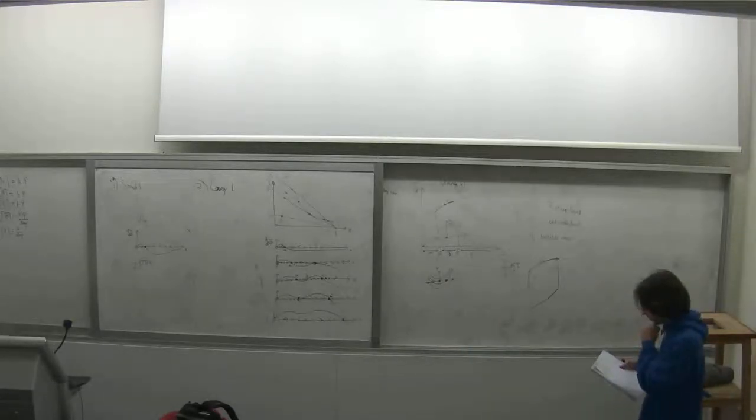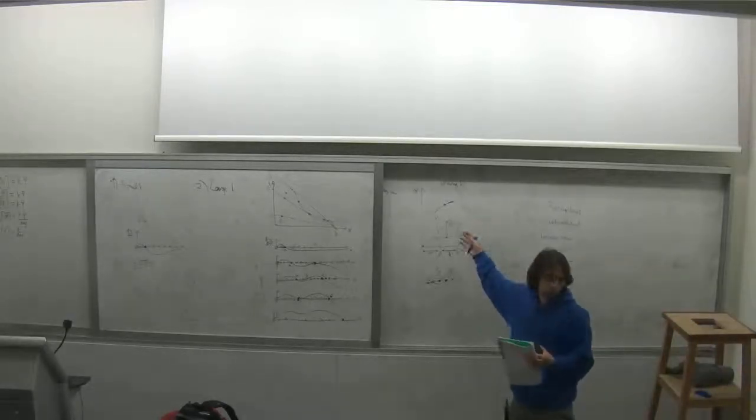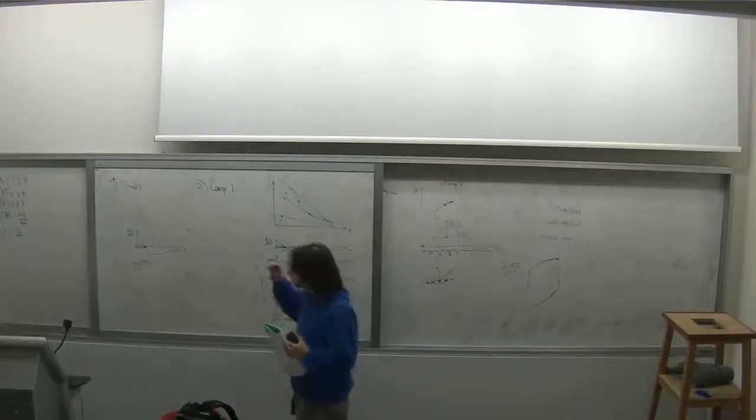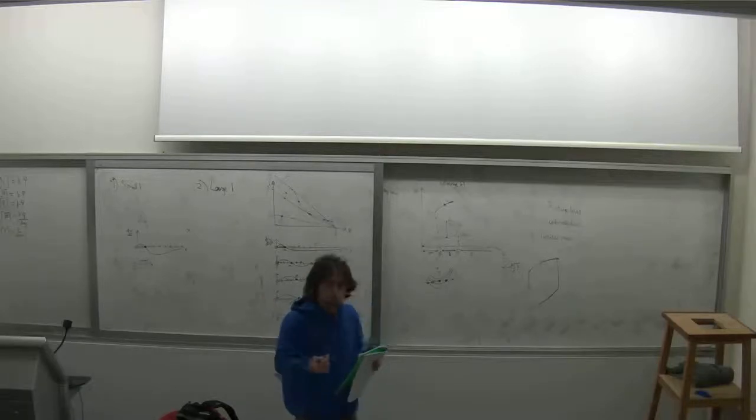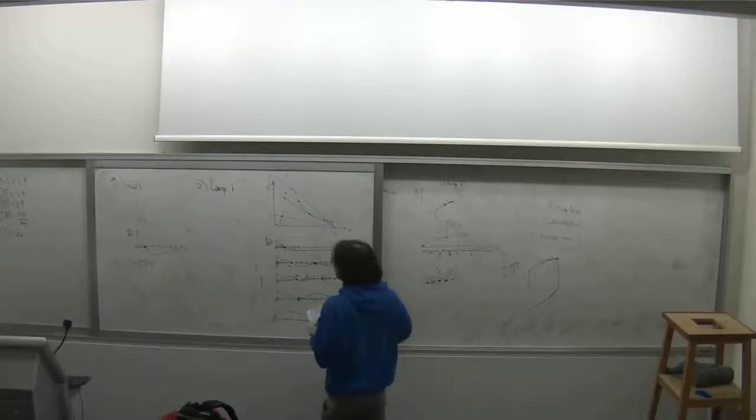Okay, so now this is a bifurcation diagram like we saw before, but the situation is more complex. Obviously, we have two parameters, and we would like to know what happens when we change both these parameters.